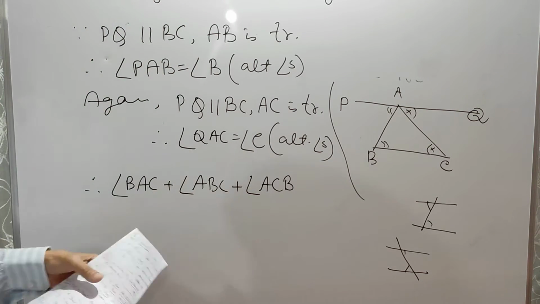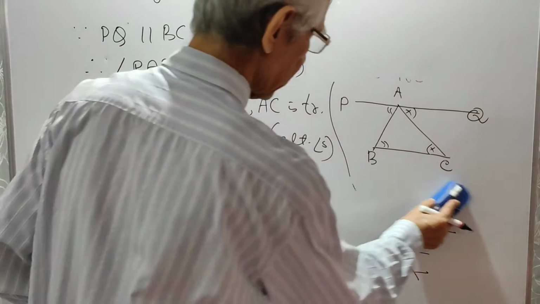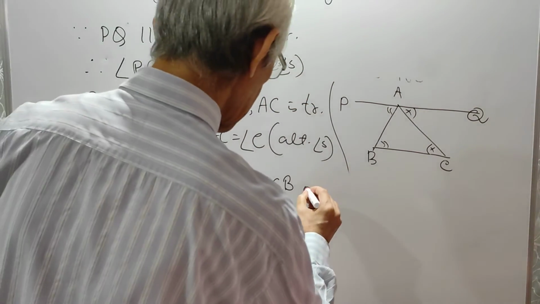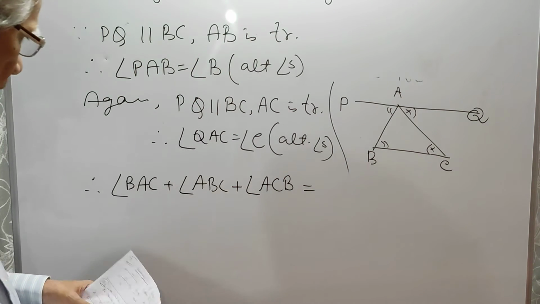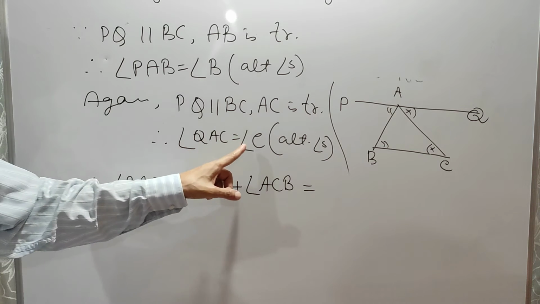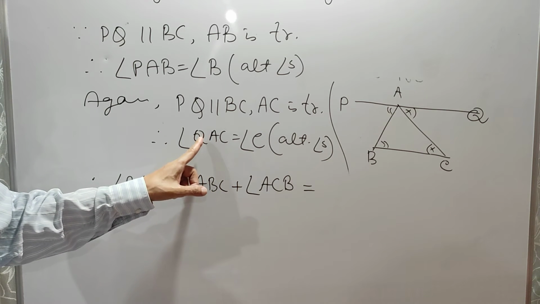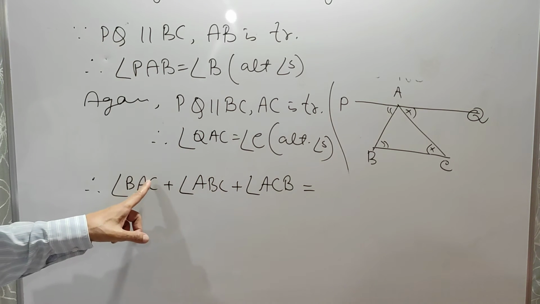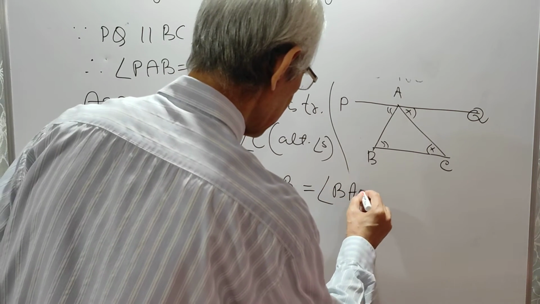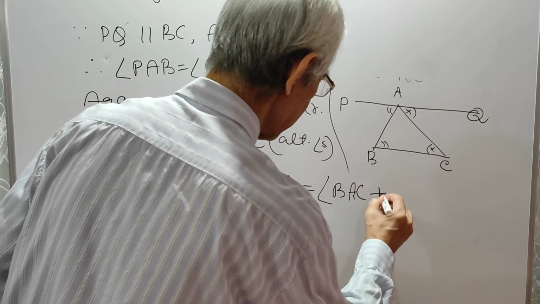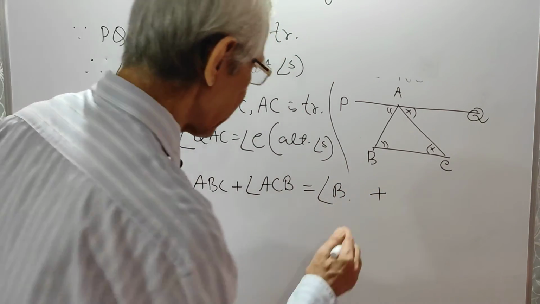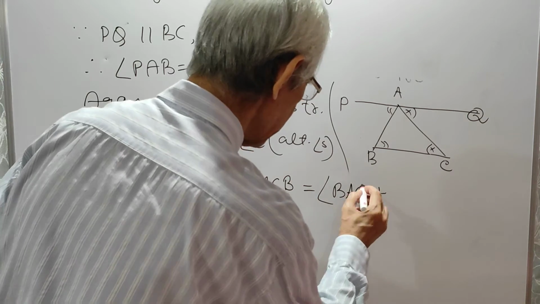Therefore this plus this plus this we can write equal to what? BAC remains as it is. We are going to replace the other two.